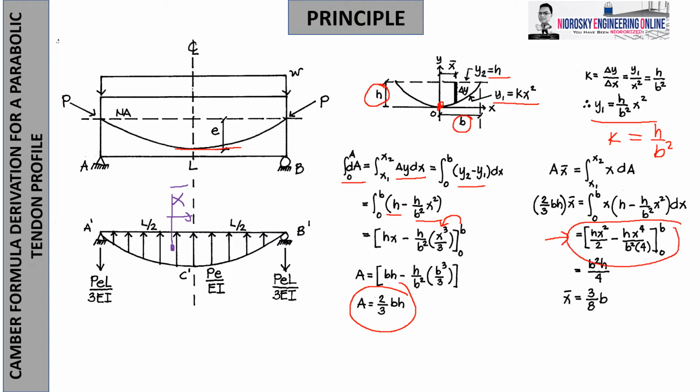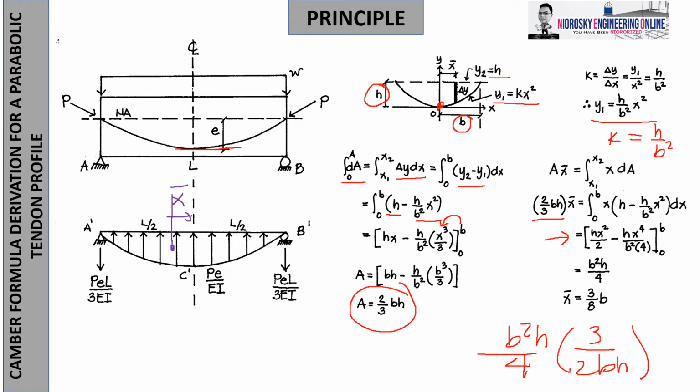Then plugging in the values of b, you will get b squared h over 4, pero i-divide pa natin sa area, which is 2/3 of bh. So that's why b squared h over 4 multiplied by 3 halves of bh. So therefore, cancel yung b and h, isang b, isang h. So therefore, we will get a value of 3 over 8 kasi 3 over 4 over 2. So that's why we got x bar of 3/8 b. So na-prove lang natin na tama.